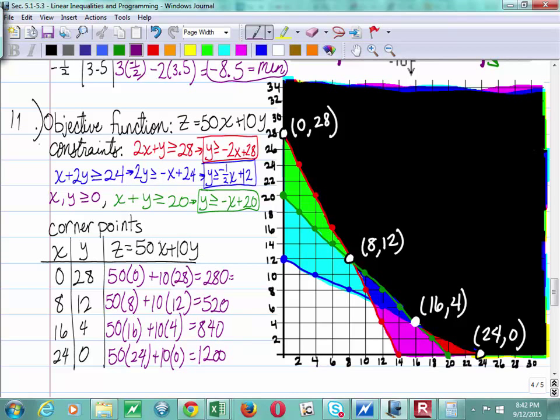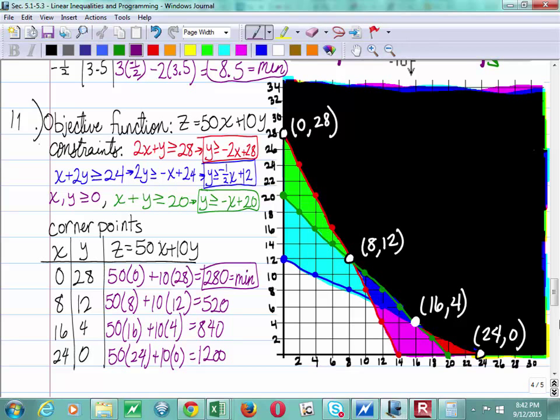So we have the minimum is 280. Now we cannot say that 1200 is the maximum because the region is unbounded and the objective function has all positive coefficients.